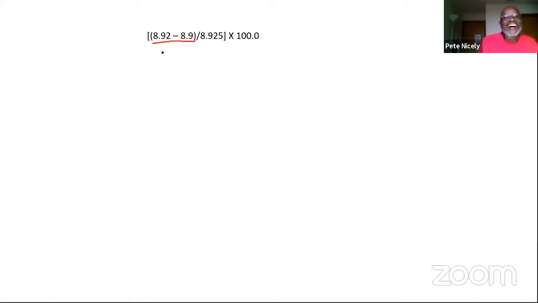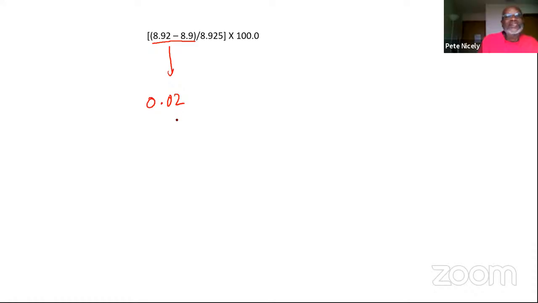Yes, the parentheses, not the bracket. Good. So 8.92 minus 8.9. This part here works out to 0.02, all right? What would be the next step?